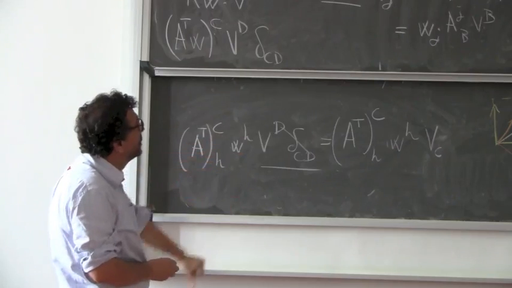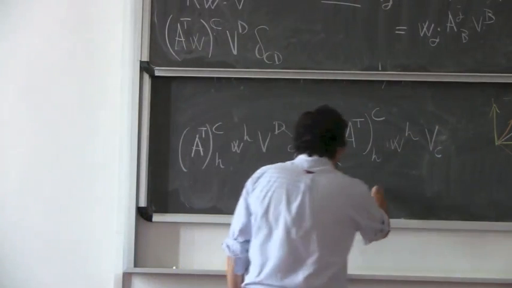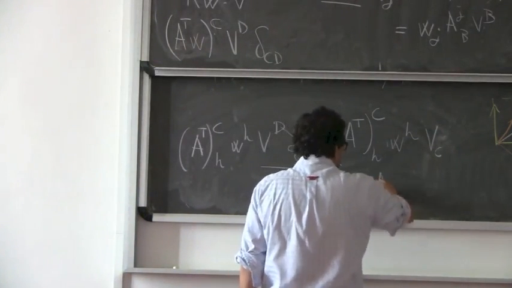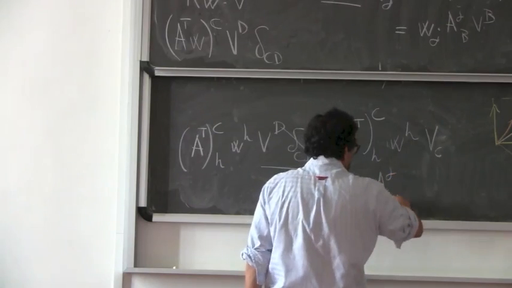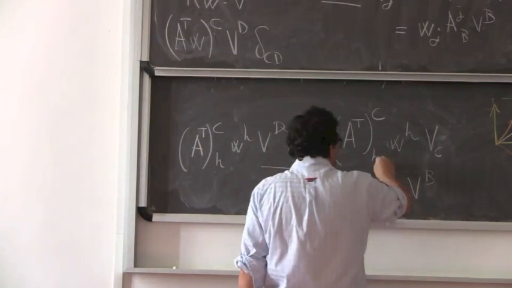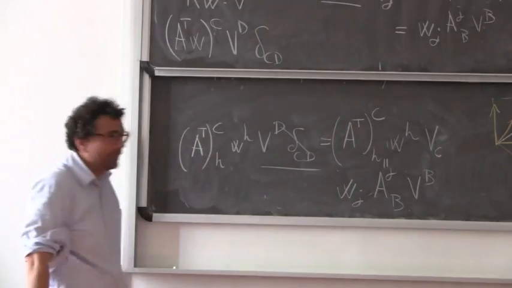This animal has to be equal to W_j, these two animals are equal.